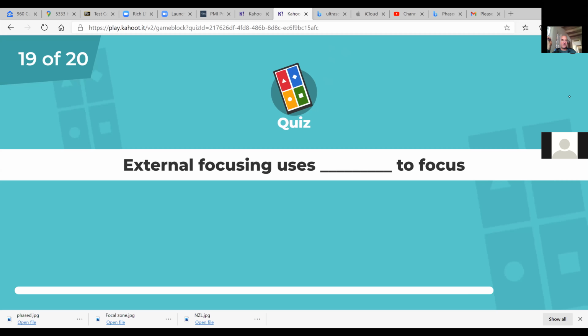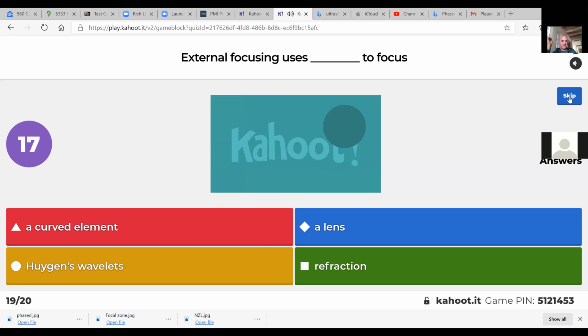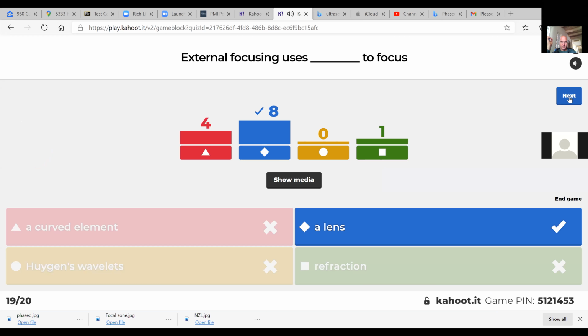External focusing uses a lens to focus. All right. Well, I have to give credit to whoever put refraction in because technically that's correct too.